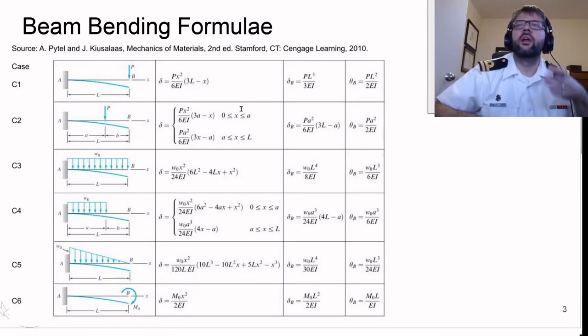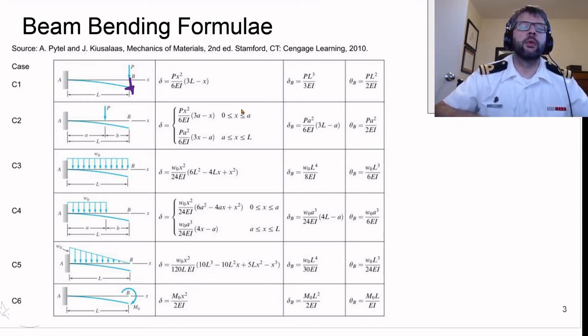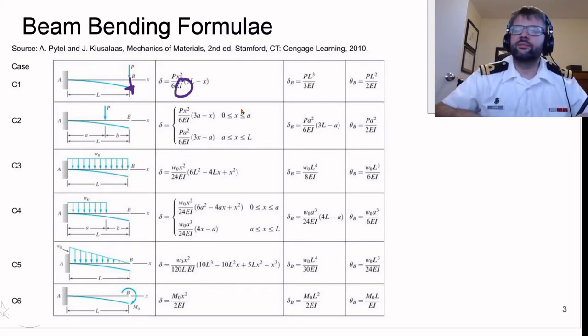So again, we got a number of known cases. So we know how much a beam is going to displace downwards when you press down on the end of it, and that'll be a function of how much the load is, where along the length of the beam you are, what the modulus of elasticity for the material is, and what our I value is there.